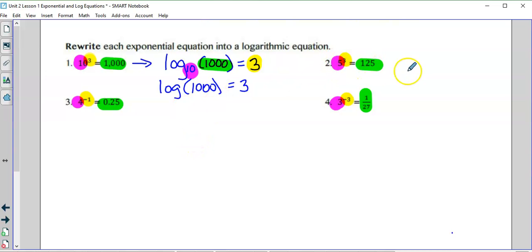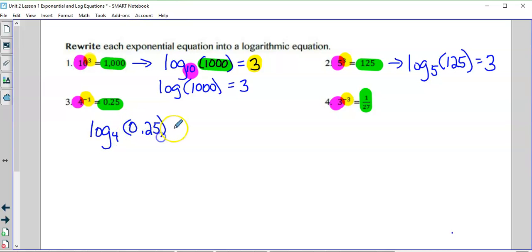All right, number 2. So we would write log base 5, goes down there, and then the 125 goes here, equals, our exponent was 3. Okay, number 3, that would be log base 4, 0.25, and this is a negative exponent.